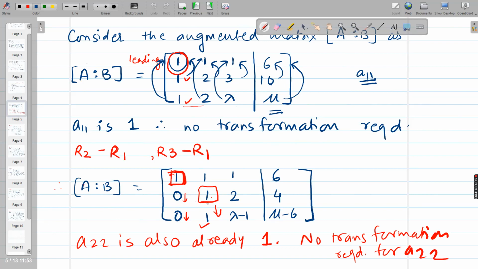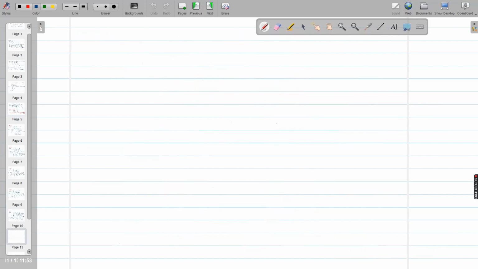And once you get all leading ones and all zeros below these leading ones, then you can use the back substitution technique to solve the system of linear equations. To summarize, a system may have a unique solution, it may have infinitely many solutions, and it may have no solution.